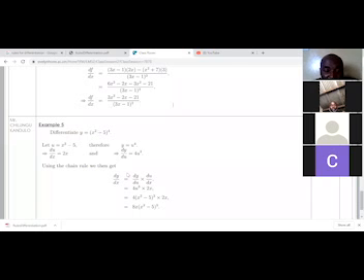So when you multiply, what is dy/du times du/dx? dy/du is 4u to the power 3, times the 2x which you found the other side. Then afterwards, you substitute back the u, which is x squared minus 5. That's the reason why after this point we put back the u. Then the answer became 8x(x squared minus 5) to the power 3.